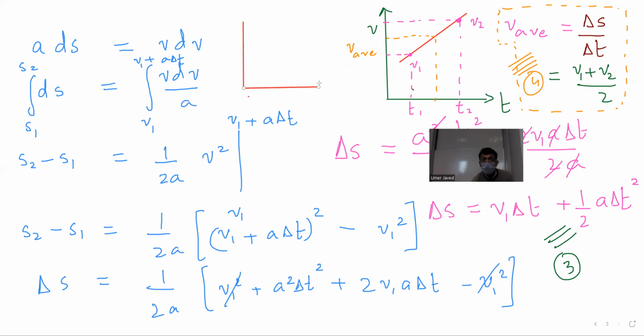So acceleration right now is a function of position. Again, it's not constant, okay? Somebody gave me S1. Somebody gave me S2. Can you please tell me what is the area under the curve?